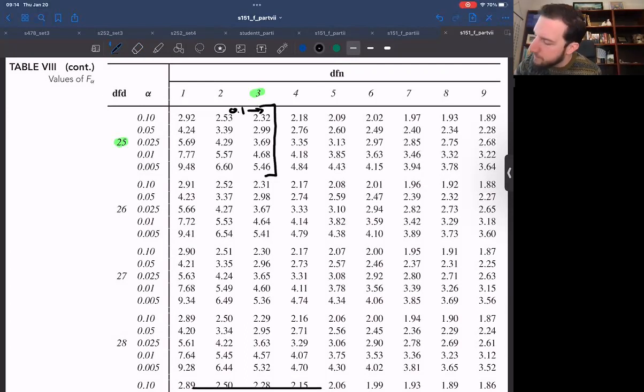Therefore, the probability that an F random variable is bigger than 0.1 is going to be greater than 0.1 in this case. Since our F value is smaller than 2.32, the area of interest to us is going to be greater than 0.01 based off of the F table.